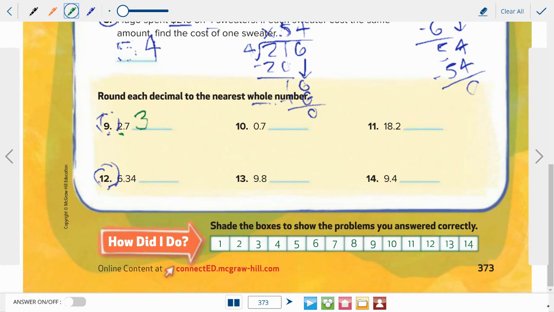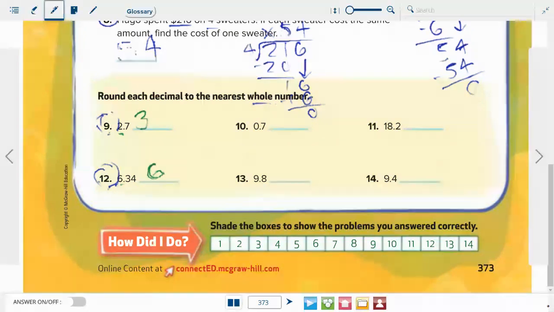On number 12, the nearest whole number is that 6. The next number is 3, that's smaller than 5, so we're going to round down to 6 instead of up to 7. I promise that's a 6 and not a G. There we go. Let me zoom out a little bit.